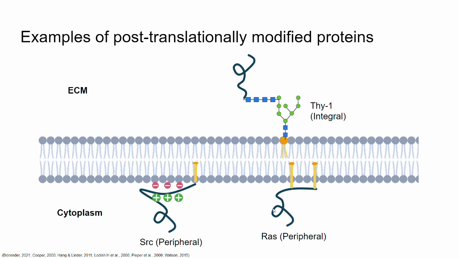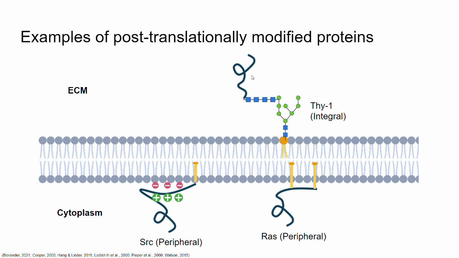And these were modified by the addition of lipids, as you can see here. So after their translation, lipids were added through the use of enzymes, and these lipids made sure that these proteins stick to the inner leaflet of the cell membrane, in this case the cytoplasmic leaflet, or the inner leaflet, as I said. So these are most likely made in the cytoplasm.